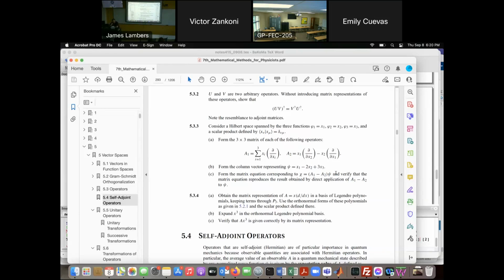So it relates applying an operator to, instead of applying the operator to Hilbert space, you're applying it to ordinary vector space, in this case, vectors in R3. And number 4, similarly, the matrix of an operator.